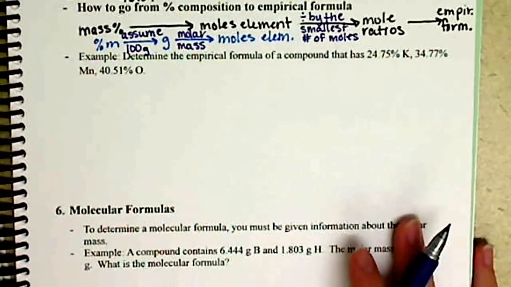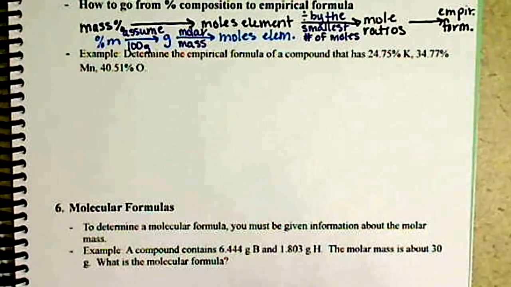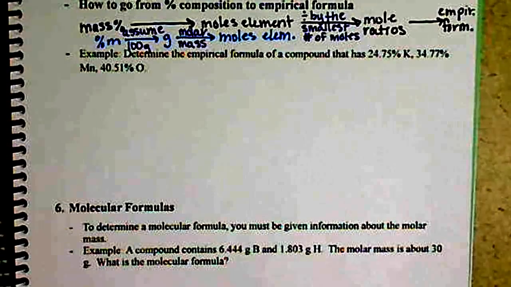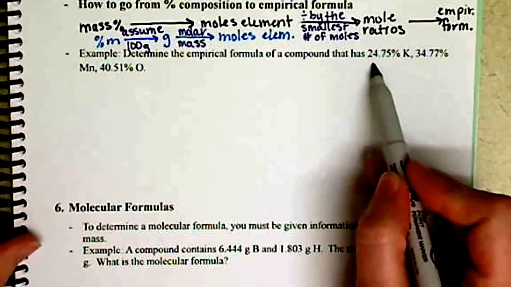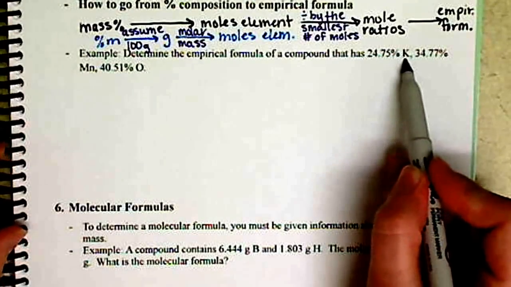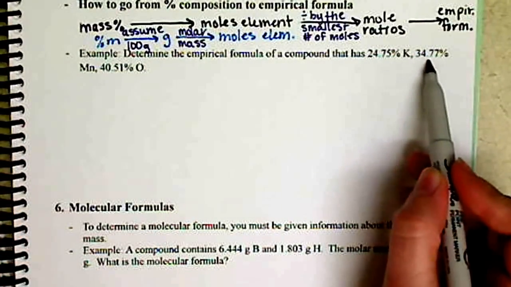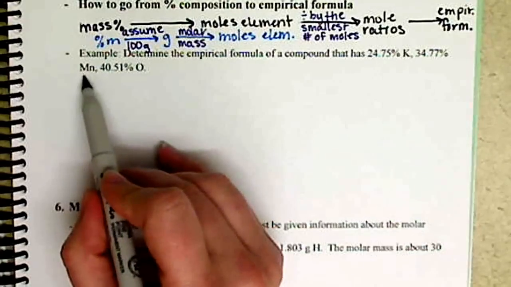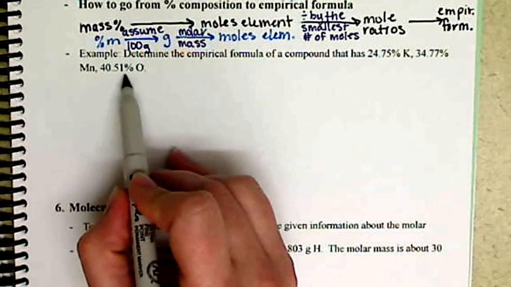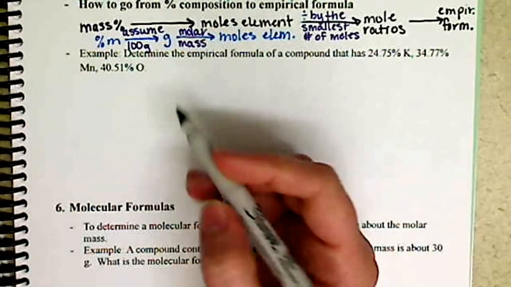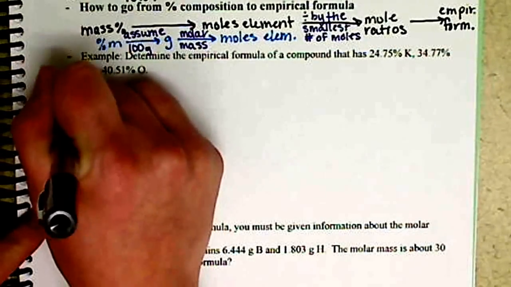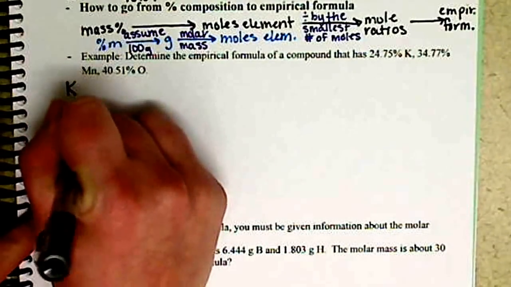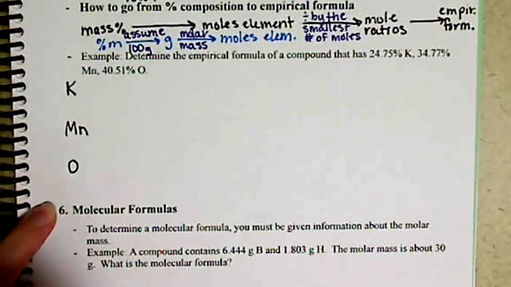So if we work through an example calculation of this, we want to determine the empirical formula of a compound that is 24.75% potassium, 34.77% manganese, and 40.51% oxygen. So I like to kind of keep a list over on this side for my calculations.